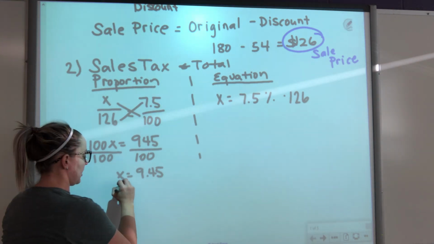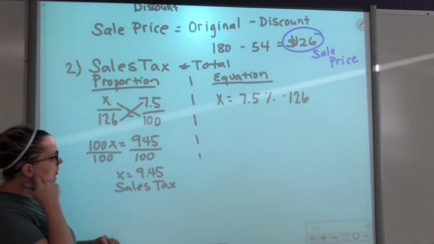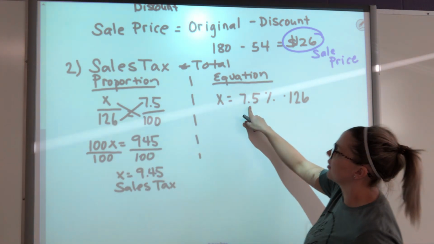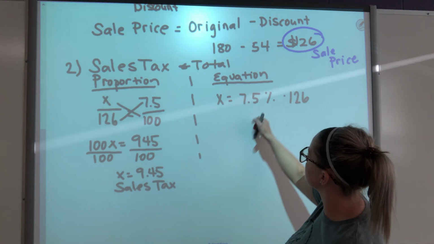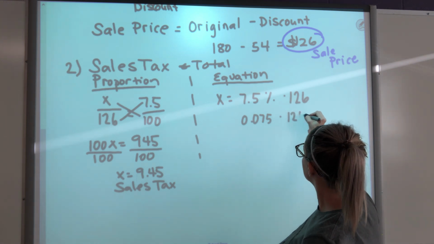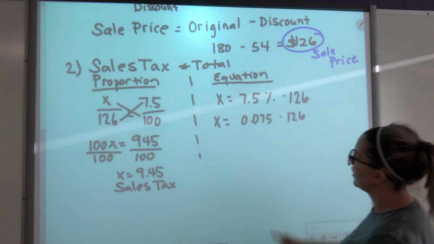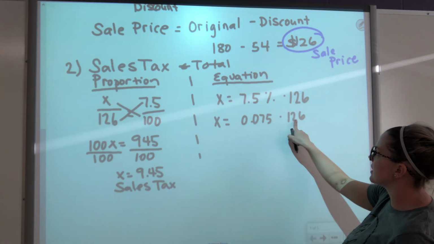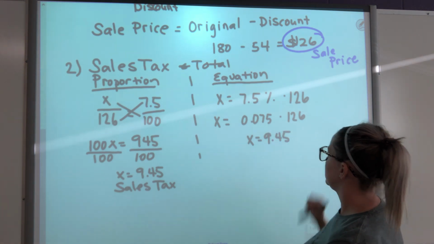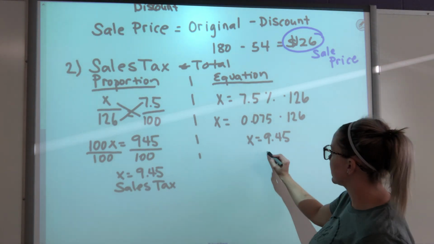So this is our sales tax. My equation kids, again, you had to take 7.5% and turn it into a decimal. Multiply 0.075 times 126. So again, this is our sales tax.